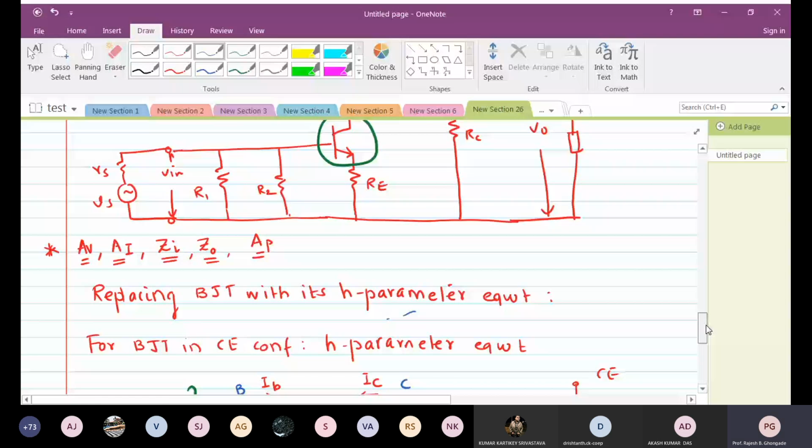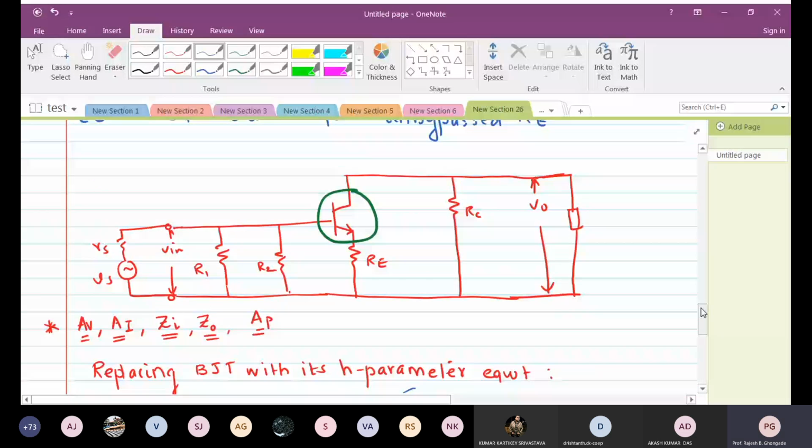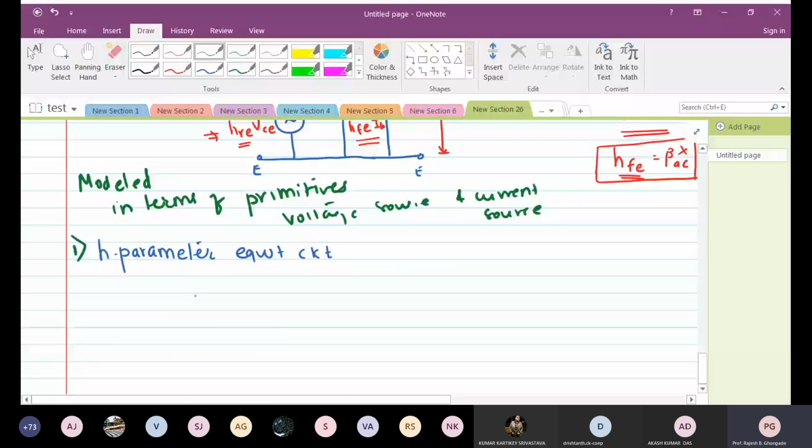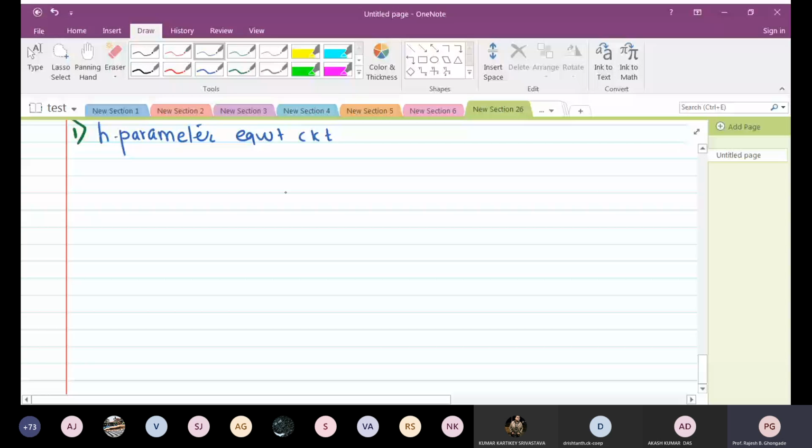So what we will have is an H parameter equivalent circuit for the common emitter voltage amplifier. This was the H parameter equivalent for a bipolar junction transistor in common emitter configuration, so this is the device equivalent. What we are going to see now is the circuit equivalent. Okay, so bear with me while I draw the figure. I'll draw it with this color itself. Green.